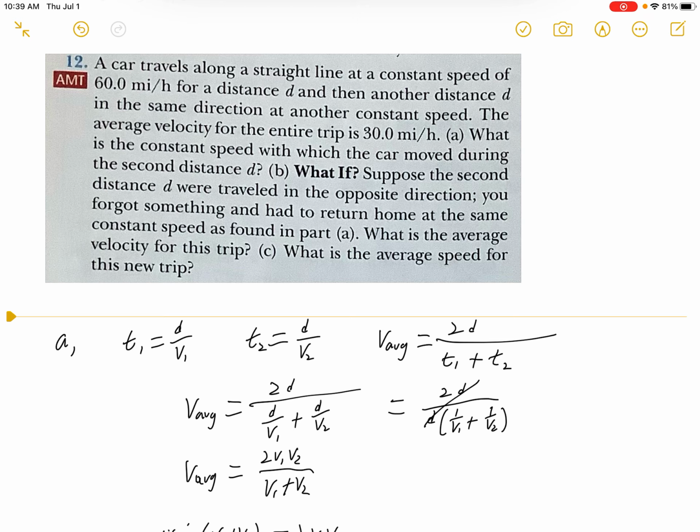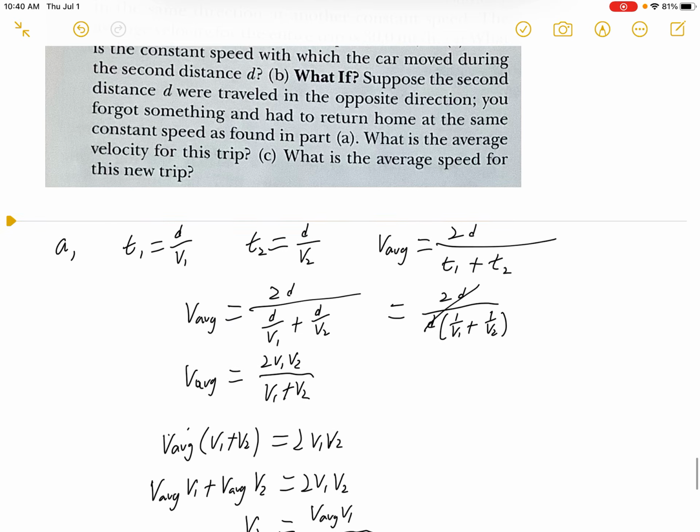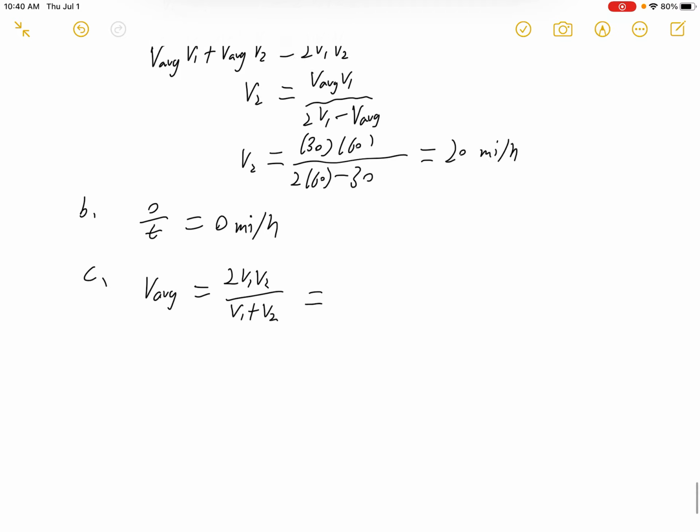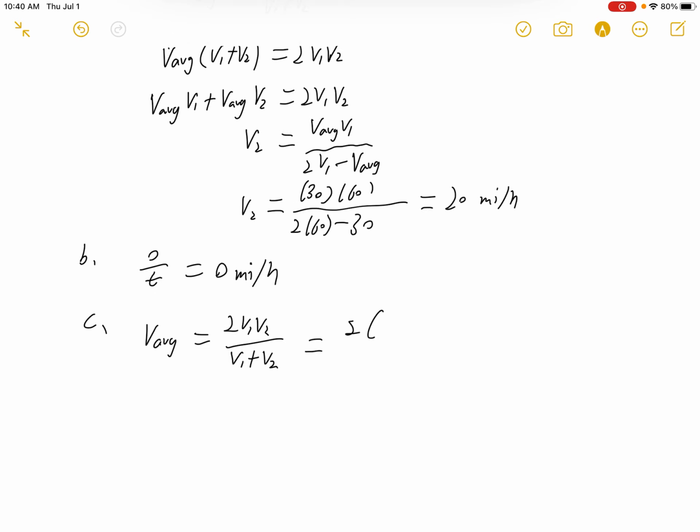So we know that they are not asking the average velocity, they are asking the average speed, so we can find v average speed equals 2 v1 v2 over v1 plus v2, and it will equal 2 times 60 times 20 over 60 plus 20, which is going to be 30 miles per hour.